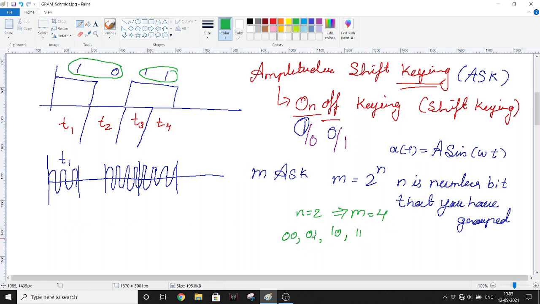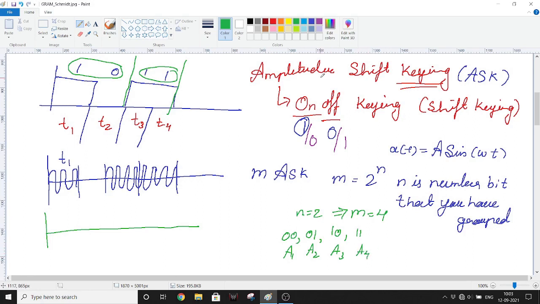So with this understanding, if I group this with n equal to 2, how does my signal look? Here the time period changes. This is T1, this is T2. And remember, for each symbol, I should have different amplitudes. Let me represent the amplitudes as A1, A2, A3, and A4.